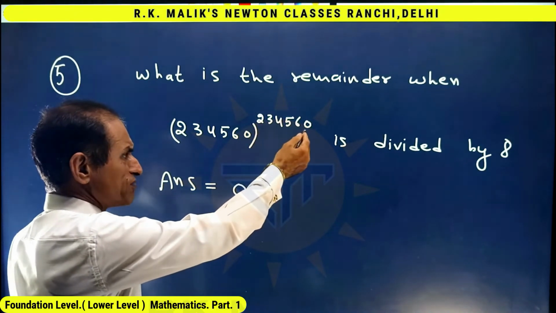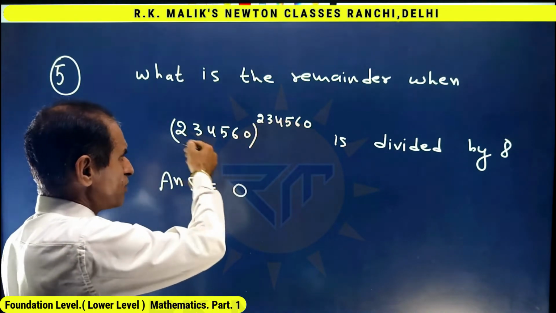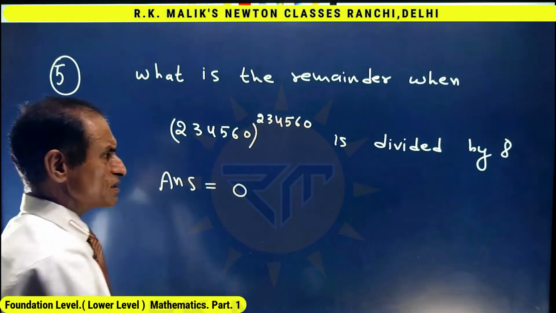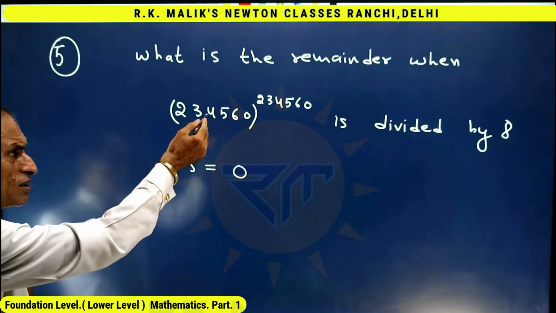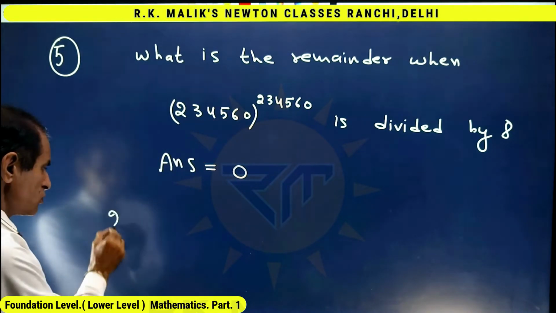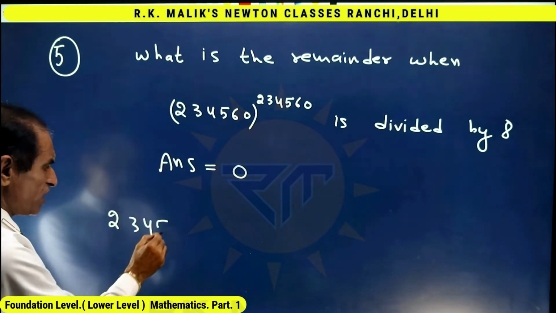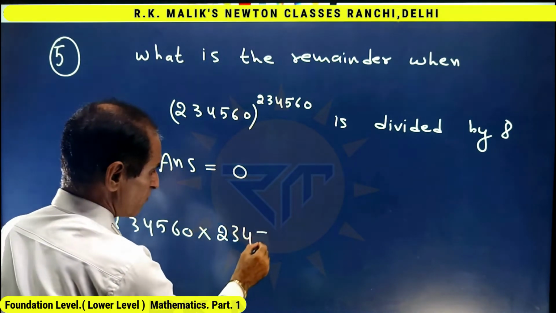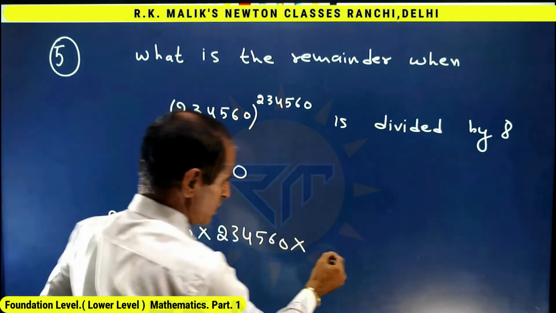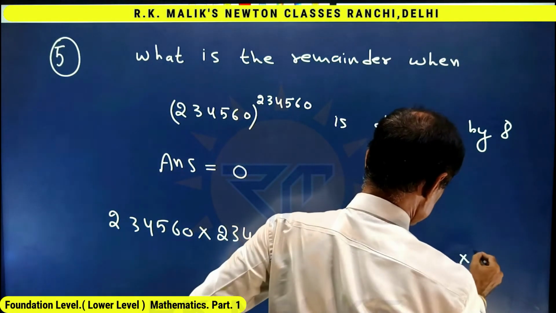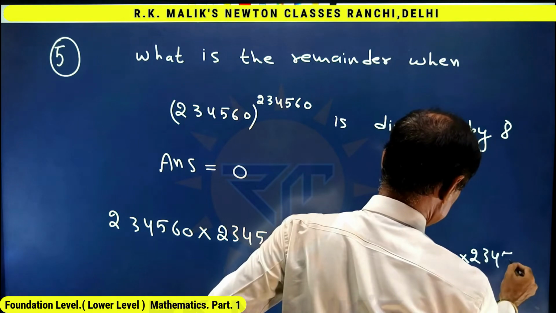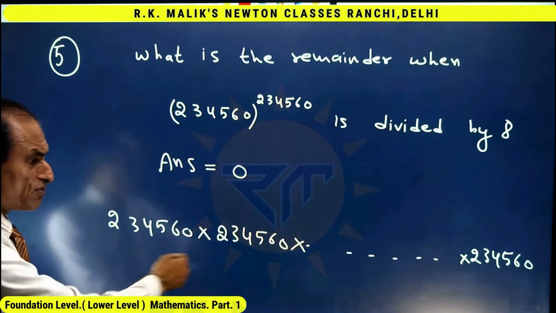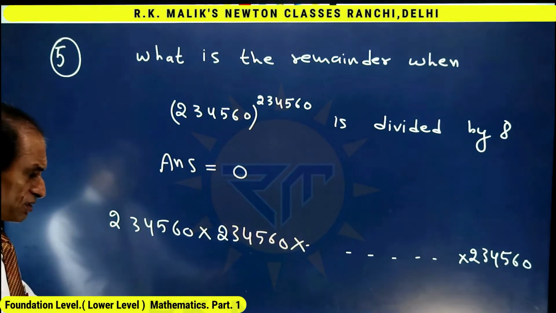Power 2, 3, 4, 5, 6, 0 means this number will be multiplied by itself this many times. That is, this means 2, 3, 4, 5, 6, 0 into 2, 3, 4, 5, 6, 0 and so on up to 2, 3, 4, 5, 6, 0, 2, 3, 4, 5, 6, 0 number of times.